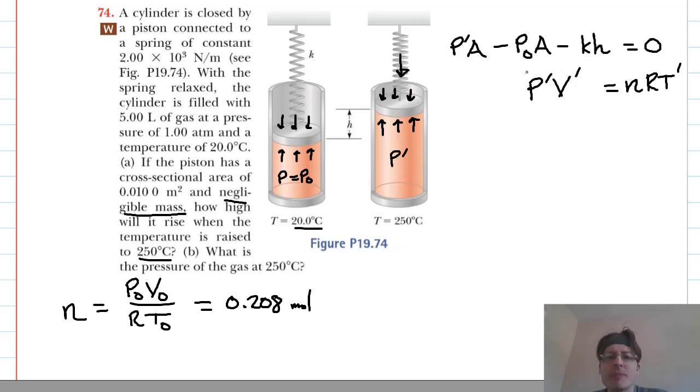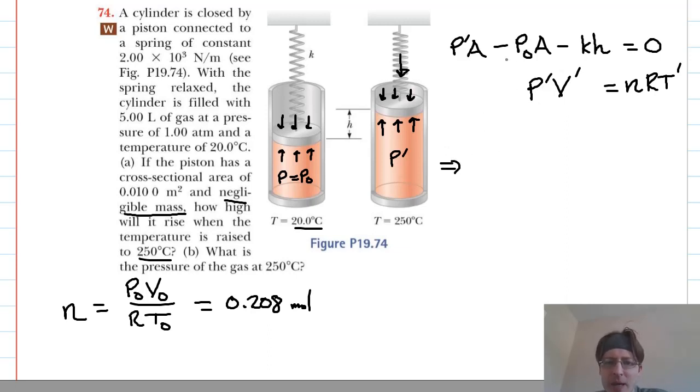In this equation, this is actually an equation to solve for the height, because the pressure depends on the height. The higher it rises, that's when the spring is pushing harder, that depends on H. And of course, the volume depends on H as well. The temperature is known, so that's going to determine H. So let's see how it works when I plug in for P prime.